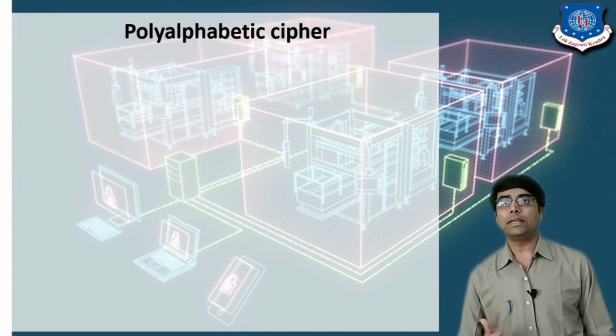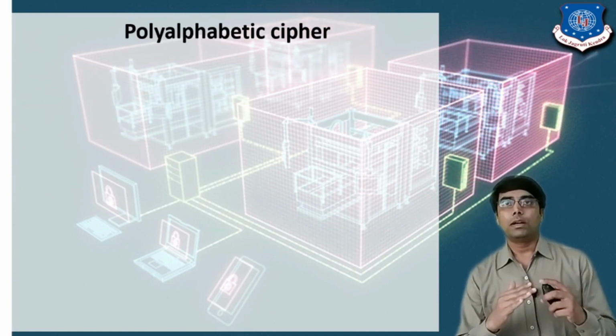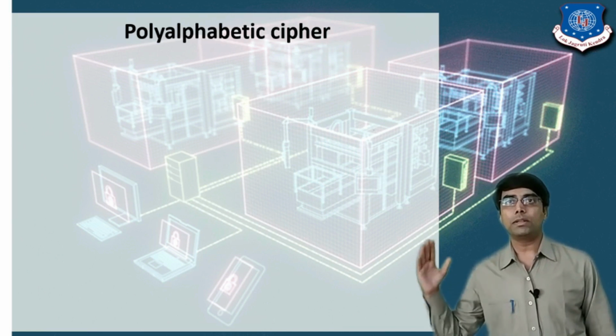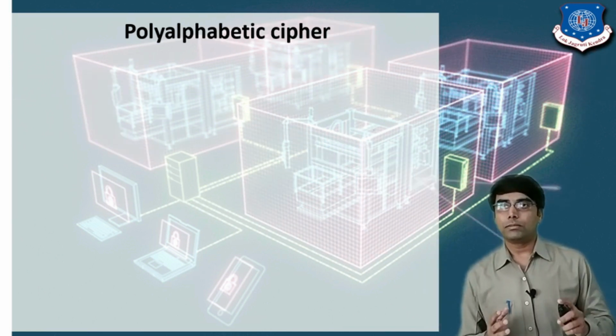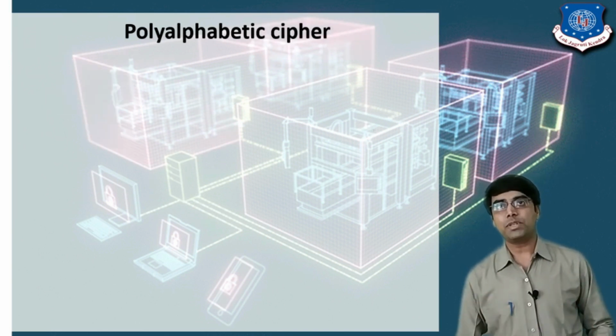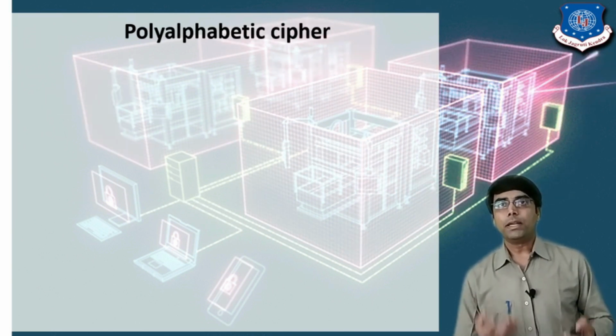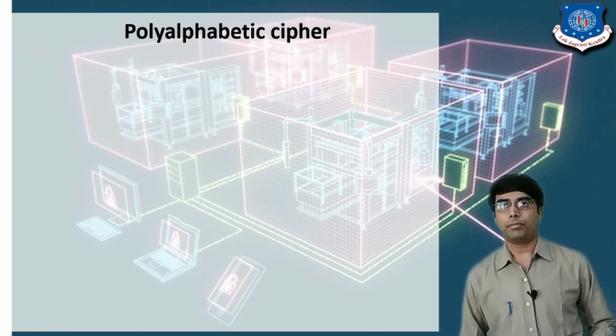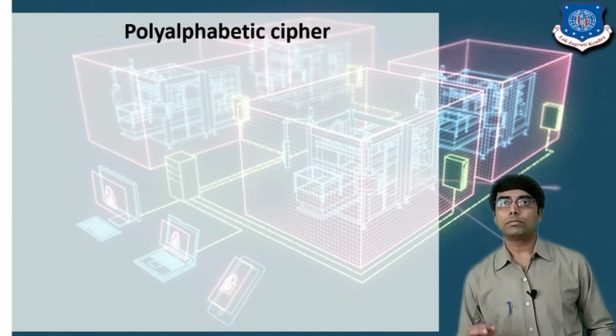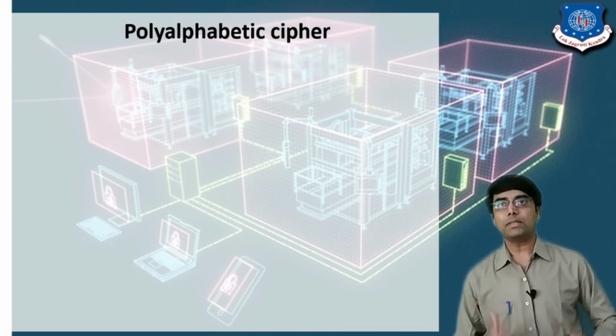Before going to the polyalphabetic cipher, one drawback of the Hill cipher is that the attacker can capture the message if he or she knows the plain text. So how do we overcome this limitation?